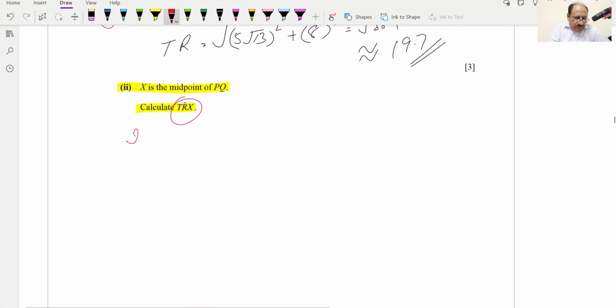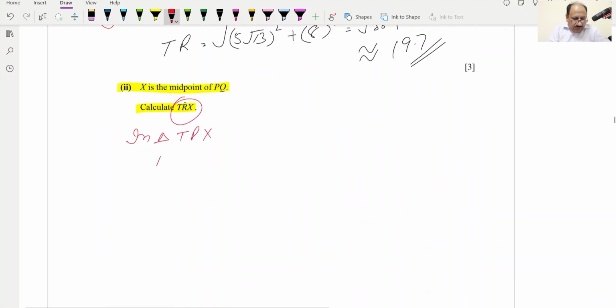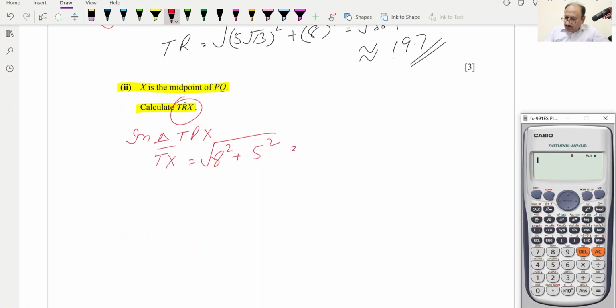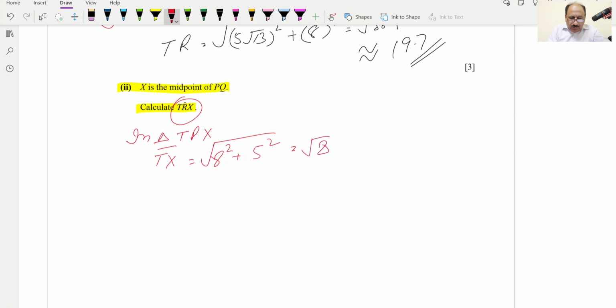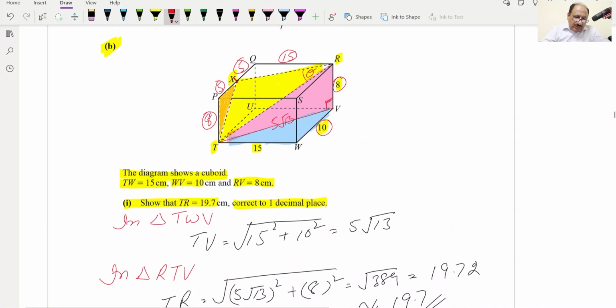So in triangle TPX, TX is equal to the square root of 8 squared plus 5 squared, which will be equal to the square root of 89. So TX will be root 89.